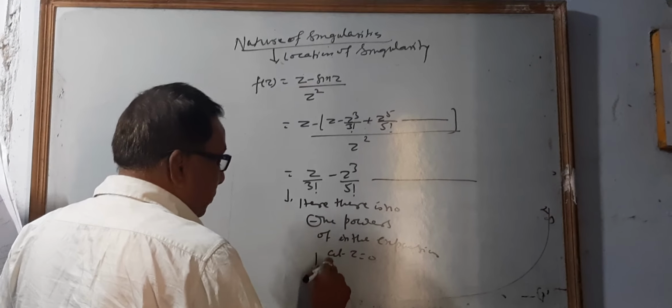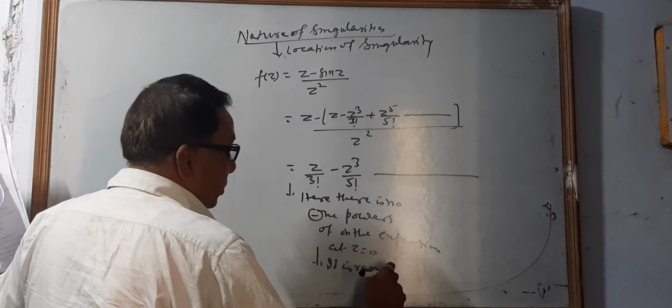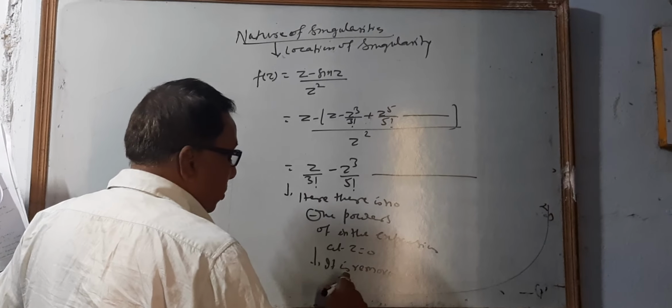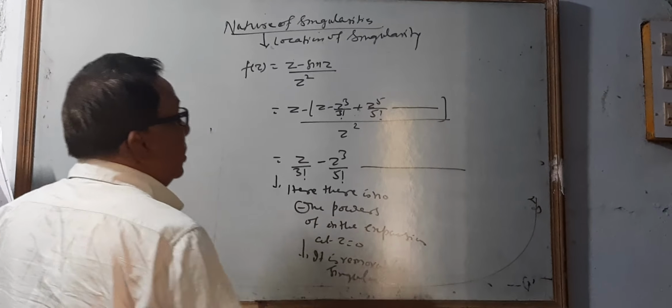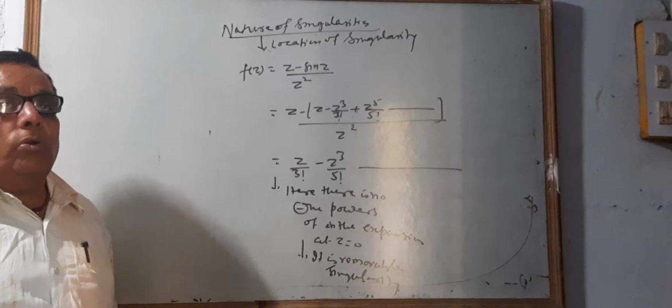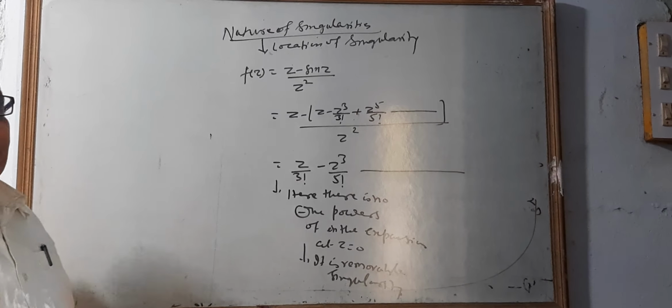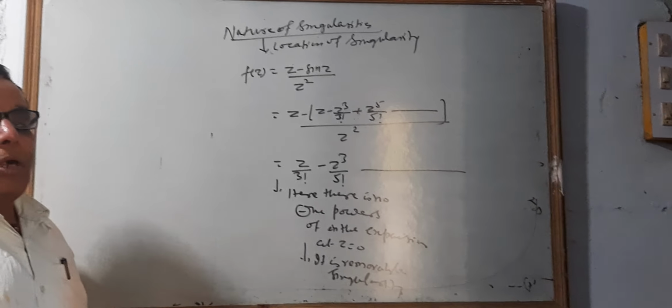So it is a removable singularity. In this way, you can check whether the singularity is a zero, removable singularity, or essential singularity. You may also check the part.